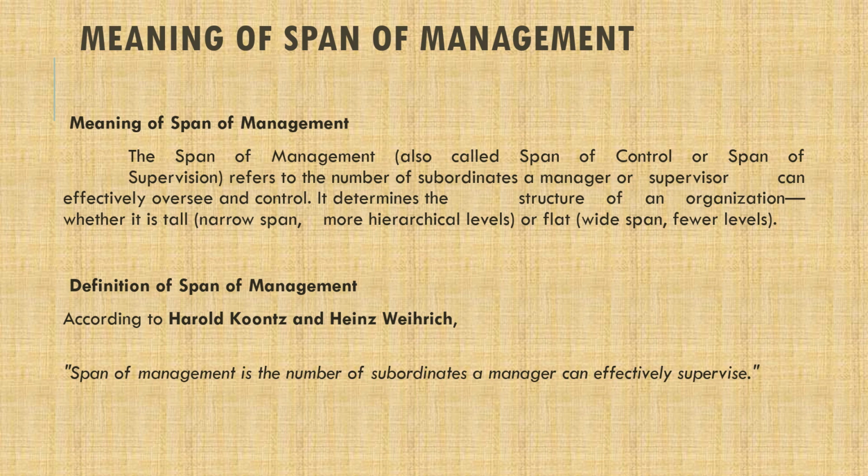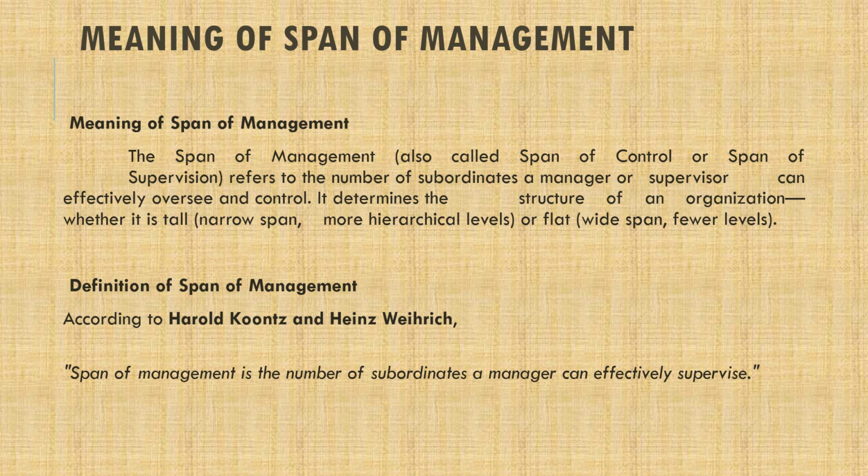So, remember, an organization needs to maintain a balance between the number of employees within a team and the number of employees that a manager is responsible for taking care of. This is to be maintained in the organization.